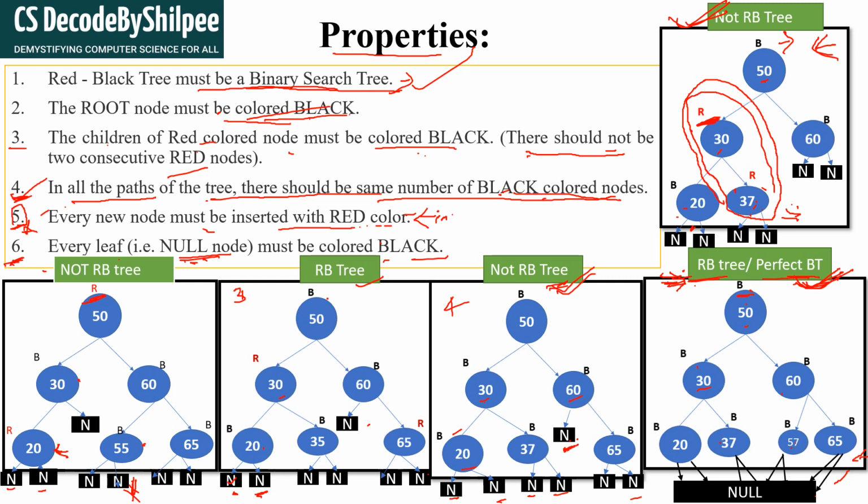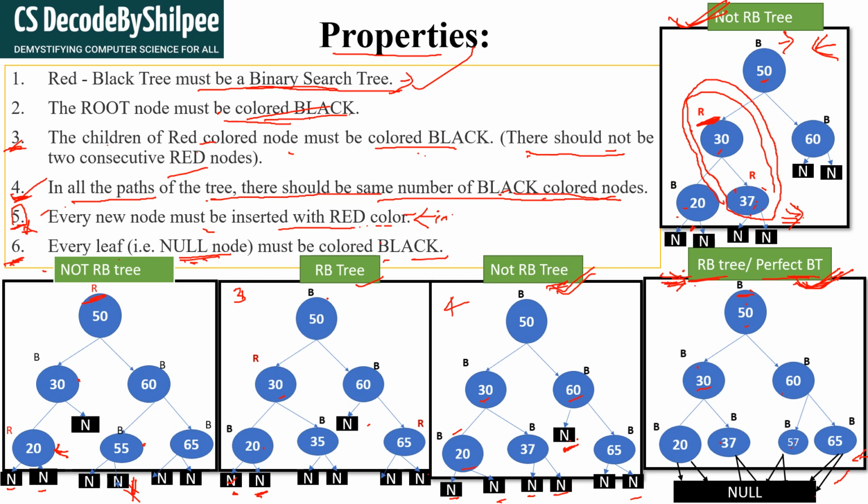Red black tree does not allow two consecutive nodes to be colored red. So this is violating the property. So this is not a valid red black tree. If one property is violated, it is not required to check other properties. Directly you can say that this is not a valid red black tree.